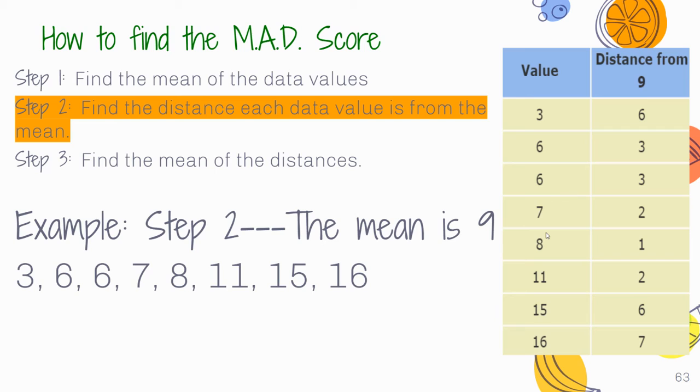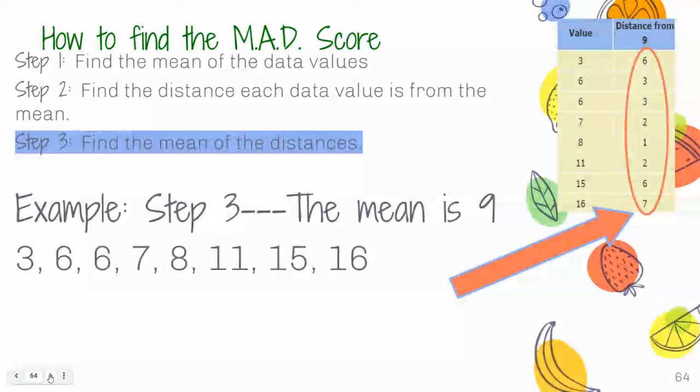The third step now is where we're actually finding the mean absolute deviation, meaning how far does this data set seem to differ from the mean. So now I'm going to take all of the numbers in this column and find the mean of that to get the MAD score.